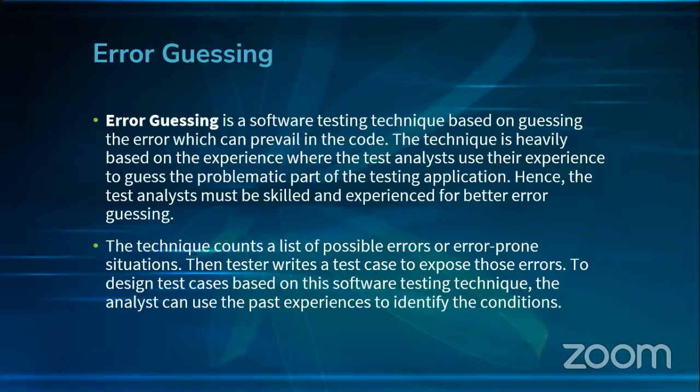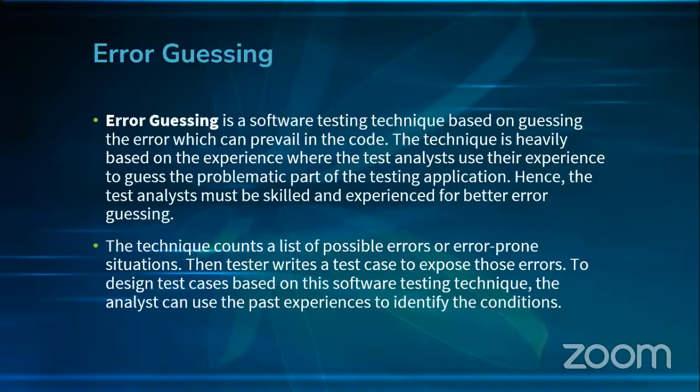I've talked more about error guessing, and the reason why we use it is the tester's skills. We can also get an understanding from different releases and different applications that we have done previously, to be able to use this error guessing technique to test.